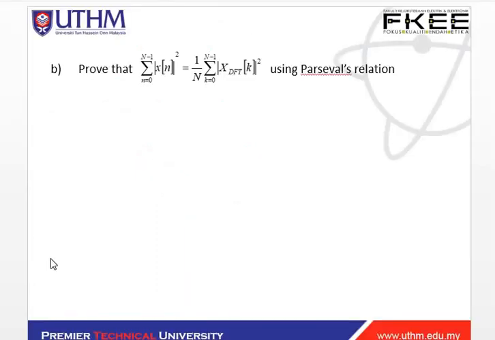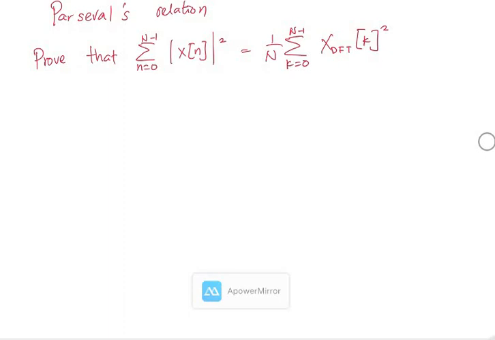The last question is question B. Prove that the summation of xn square equals 1 over N summation of XDFT k square using Parseval's theorem. So we prove that the summation from n equal to 0 to 3 of xn square: we have 1 square plus 2 square plus 1 plus 0.